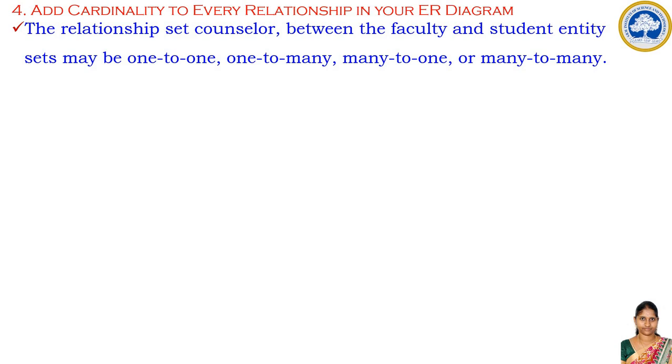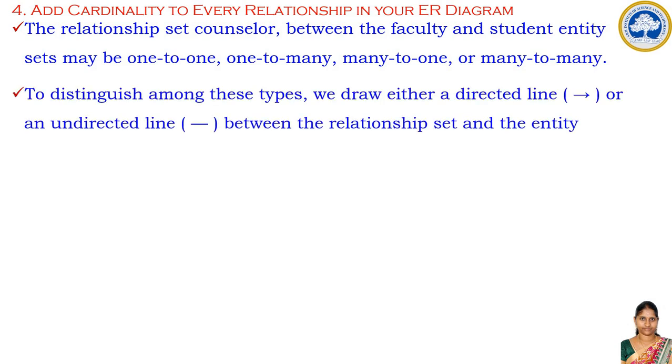So this is the relationship set, how we mention the cardinality. For the diagrammatic representation, one-to-one is mentioned by a directed line with an arrowhead. Many is mentioned by an undirected line.